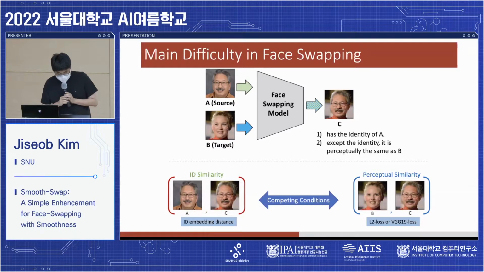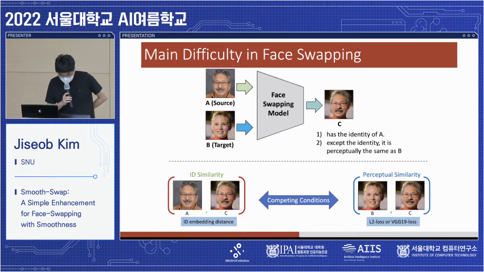And so that was the face swapping problem. And what is the main difficulty in face swapping? The main difficulty here is that these two conditions are actually competing with each other. So to see the loss functions, the ID loss considering the first condition is straightforward, where we use an identity embedding model to extract the identity as vectors and compute the distance to compare the identities.